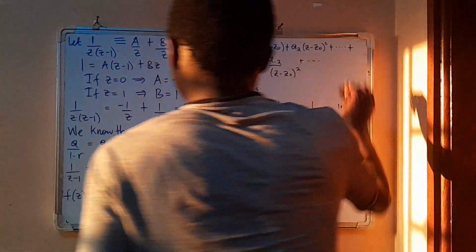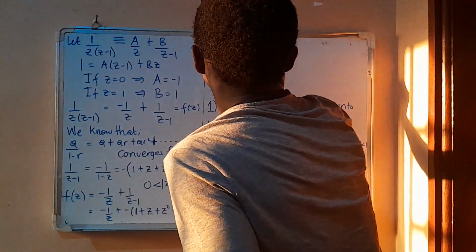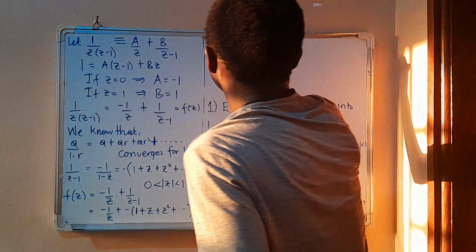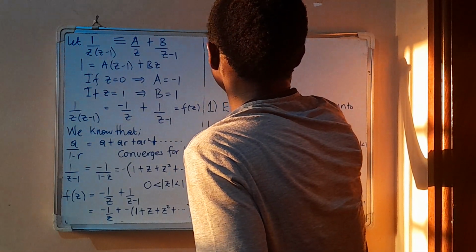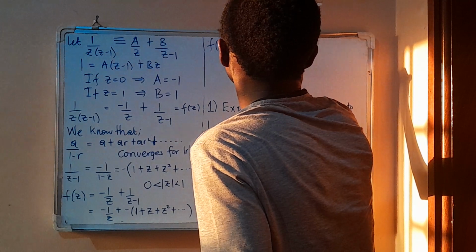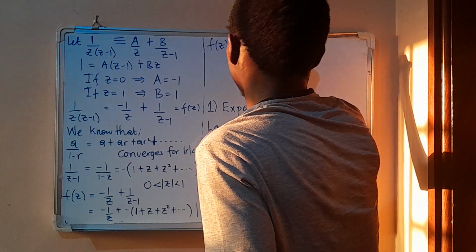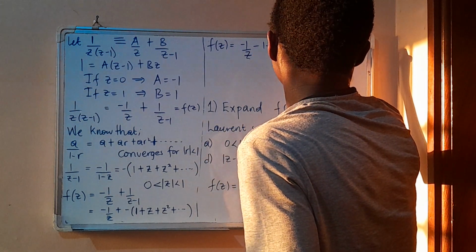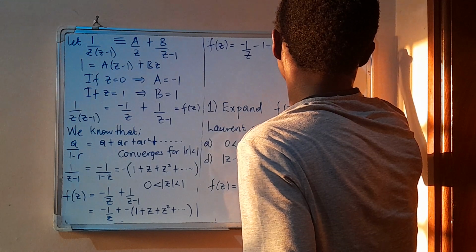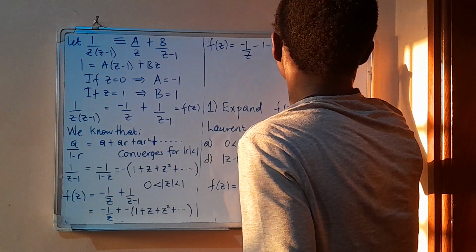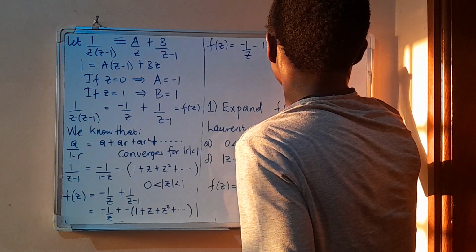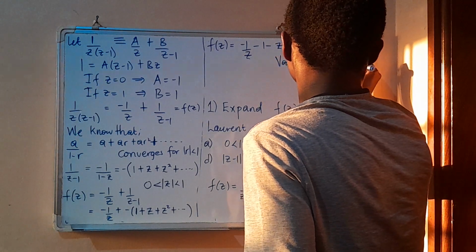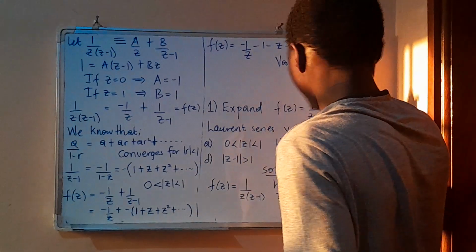I can open brackets. So we shall get f of z is equal to negative 1 over z minus 1 minus z to the 2, z to the 3 plus minus. This is valid for 0 less than absolute z less than 1.